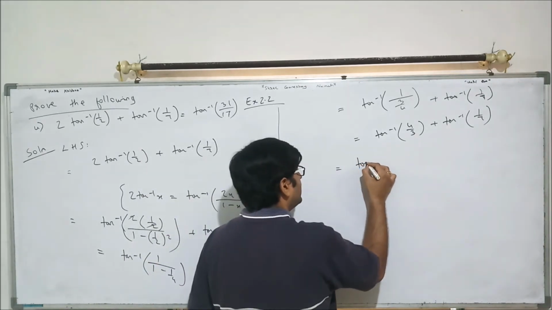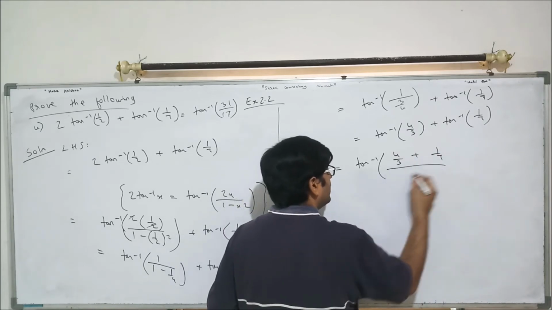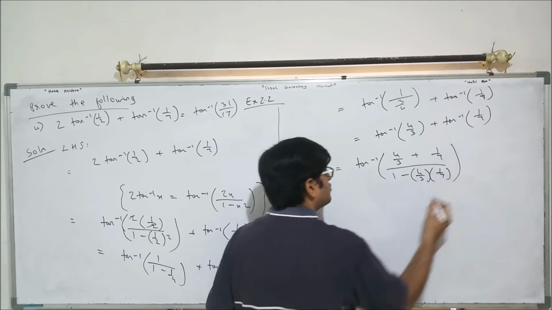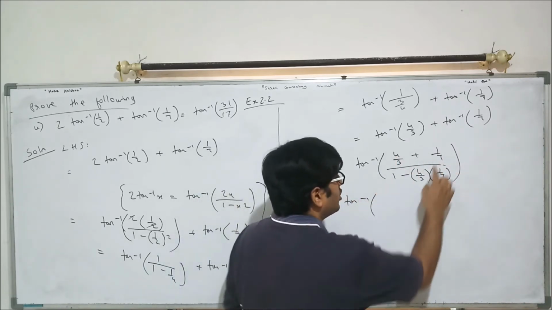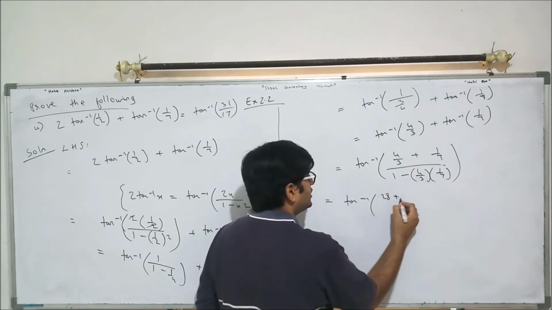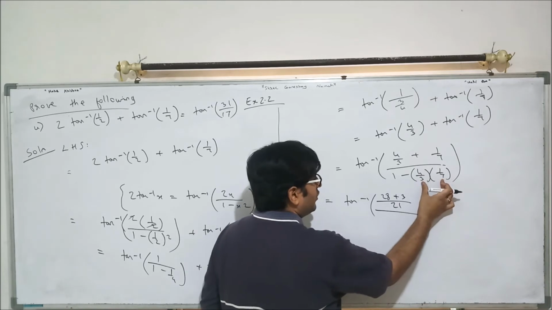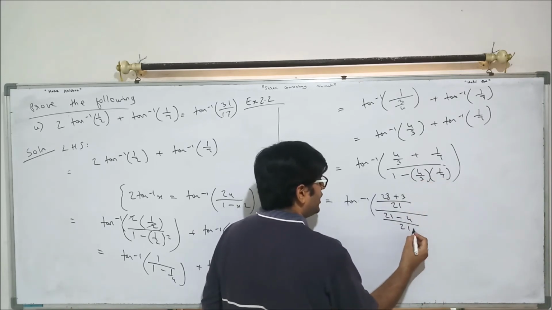So what was the formula, x plus y upon 1 minus x into y. Okay students, so if you further simplify, we get tan inverse of, perform cross multiplication, so here we get 28 plus 3 upon this becomes 21 upon, the product is 21, it goes over here, so we get 21 minus 4 upon 21.